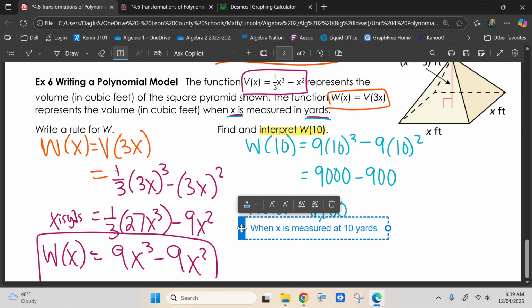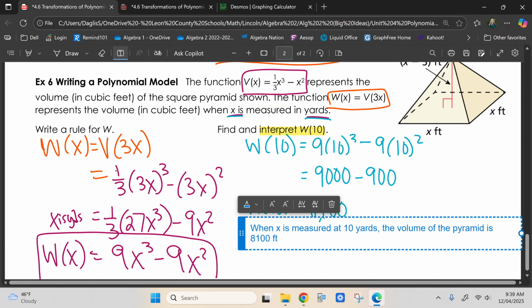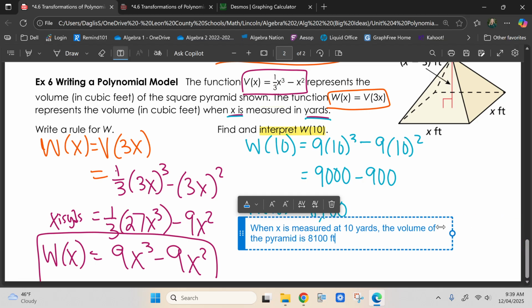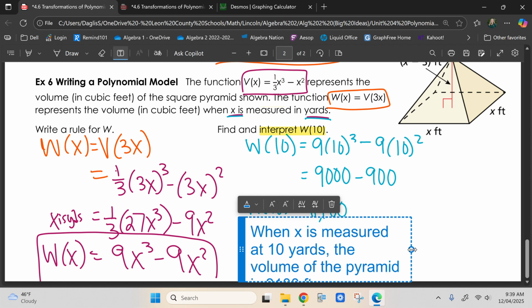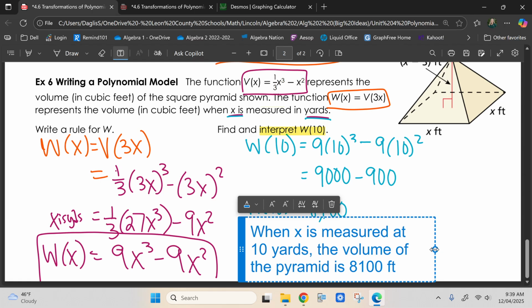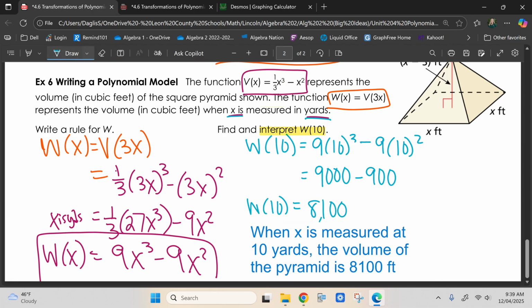So when x is measured at 10 yards, that means that the volume of the pyramid is 8,100 feet cubed.